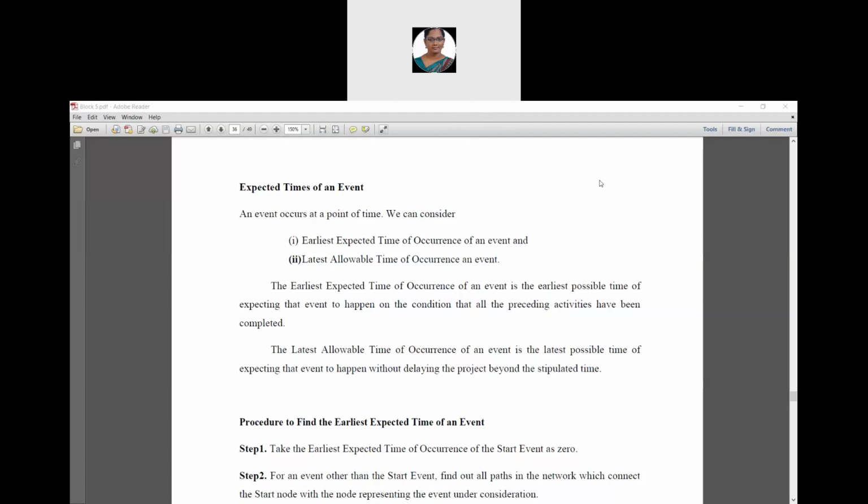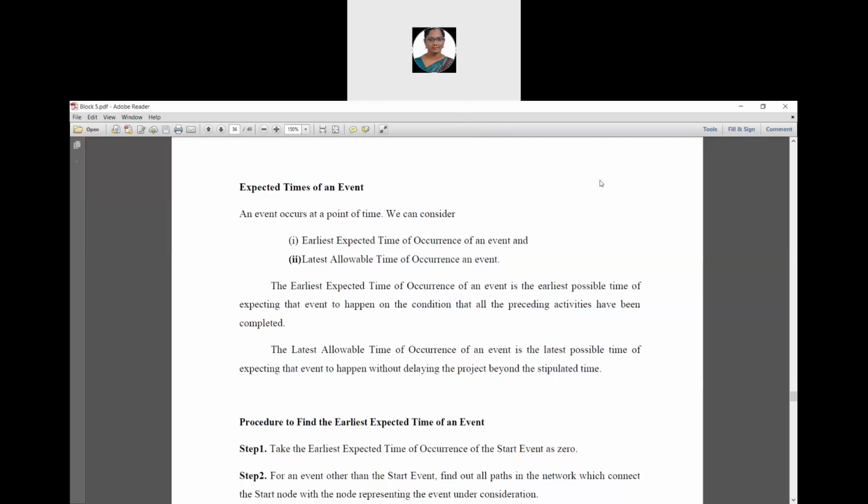So, the earliest expected time of occurrence of an event is the earliest possible time of expecting that event to happen on the condition that all the preceding activities have been completed.